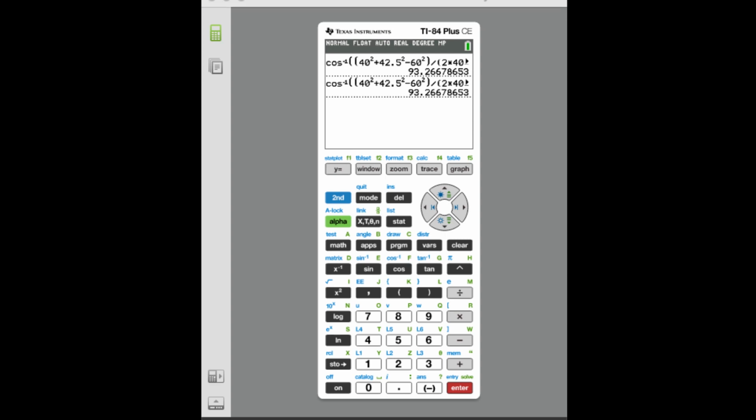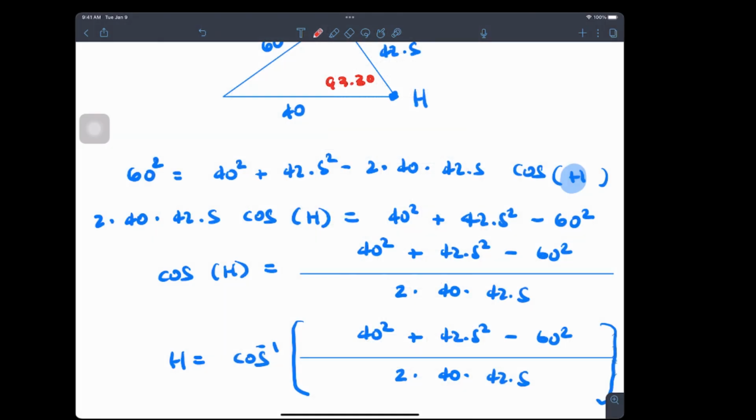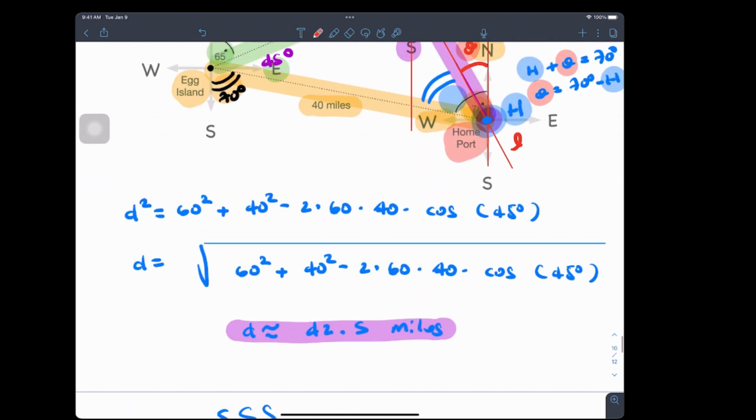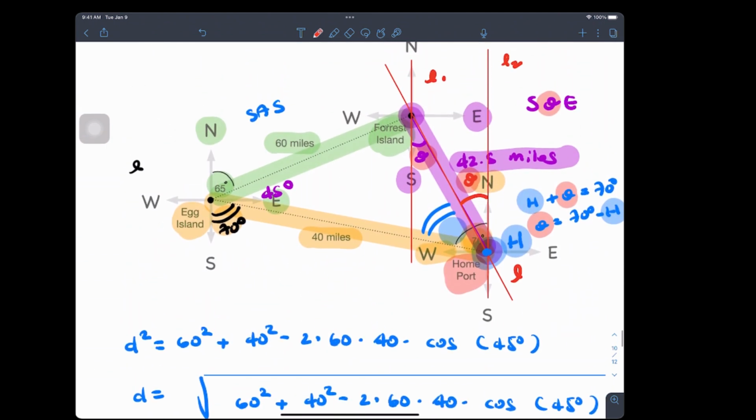So let's double check the whole situation here. Let's erase that.